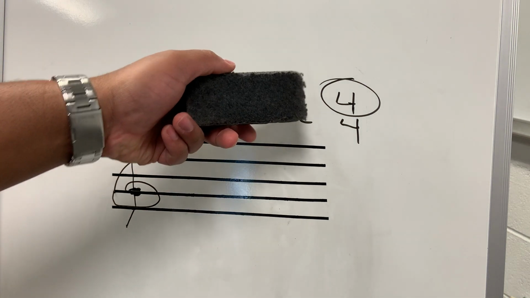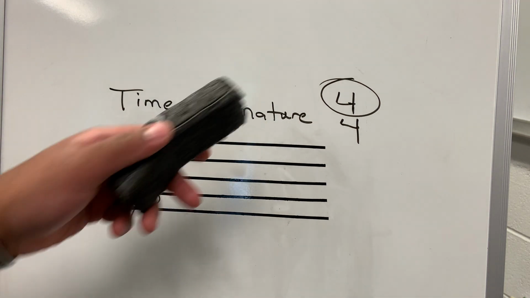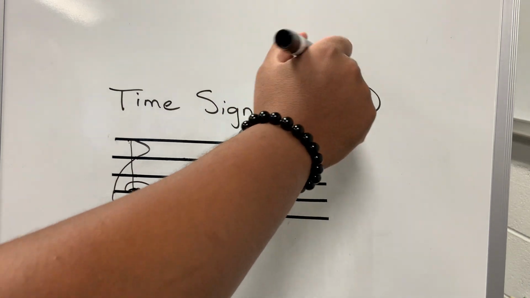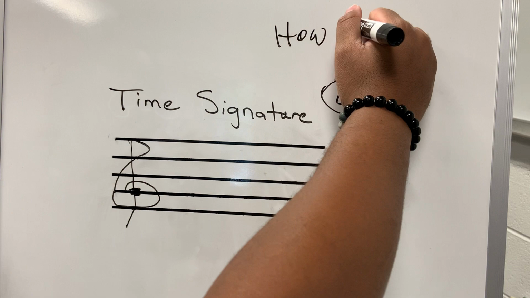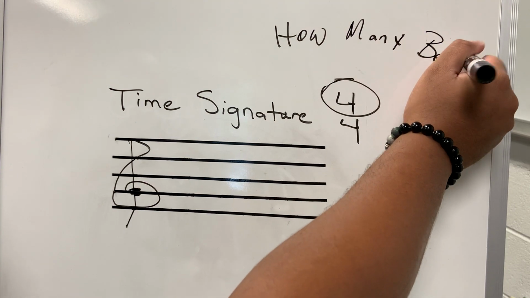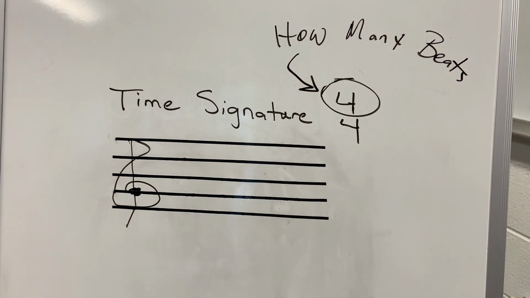You have the top number and you have the bottom number, okay? Now, this top number tells you how many beats are going to be in each measure, okay? How many beats?